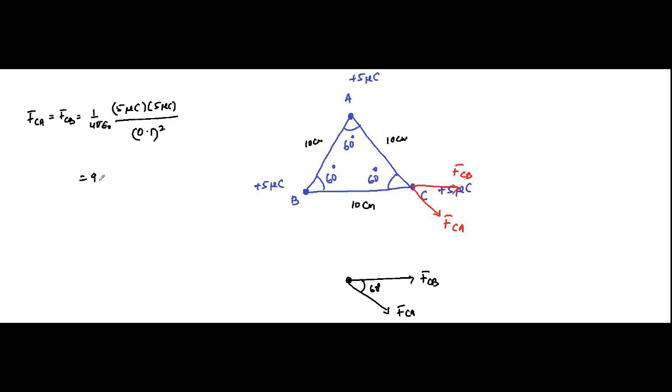If we calculate it, it is 9 into 10 to the power 9, 5 into 10 to the power minus 6 whole square by 0.1 whole square, that is coming around 22.5 Newton. FCA and FCB are equal to 22.5 Newton.